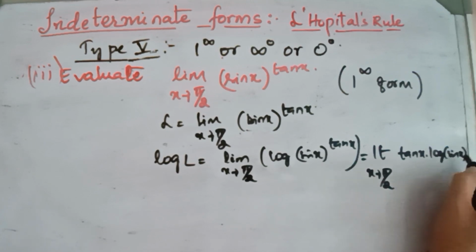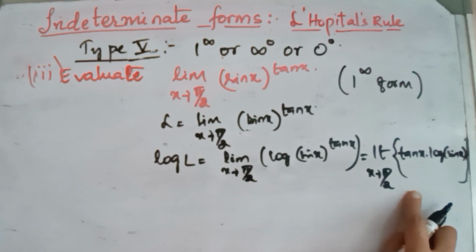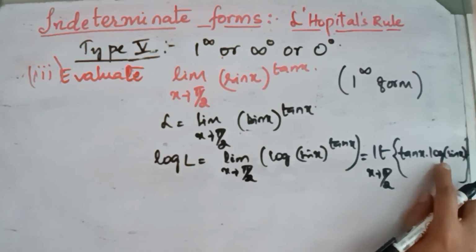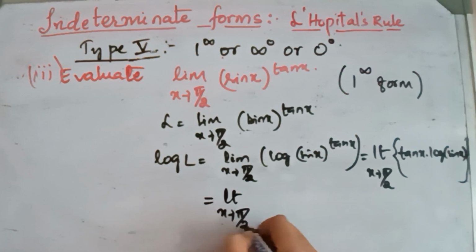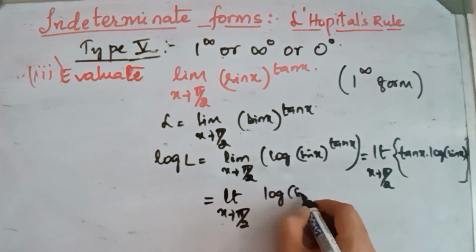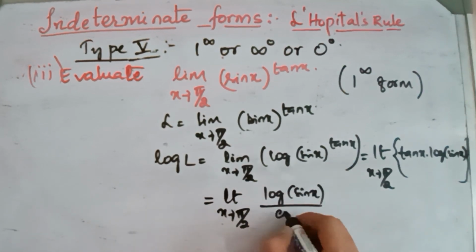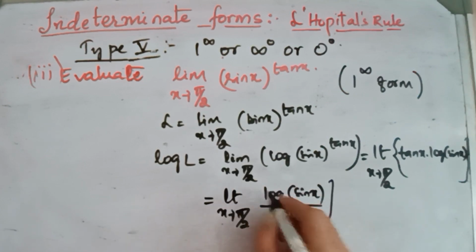Now we have to write it in either 0 by 0 form or infinity by infinity form. When you apply the limit here, you will get 0 into infinity form. So I will write this as the limit as x tends to pi by 2 of log of sin x divided by cot x, because 1 by cot x is tan x.